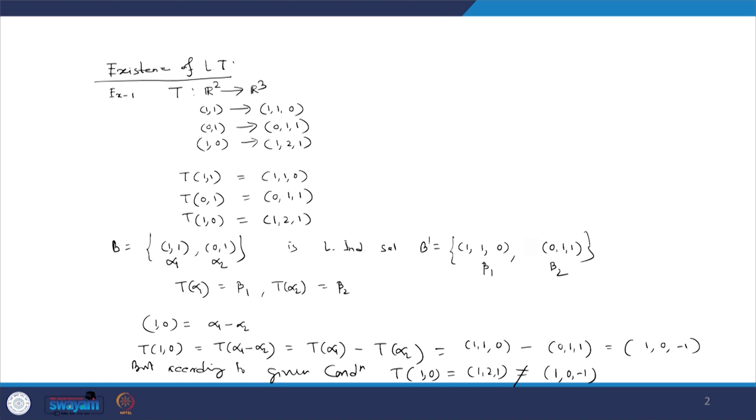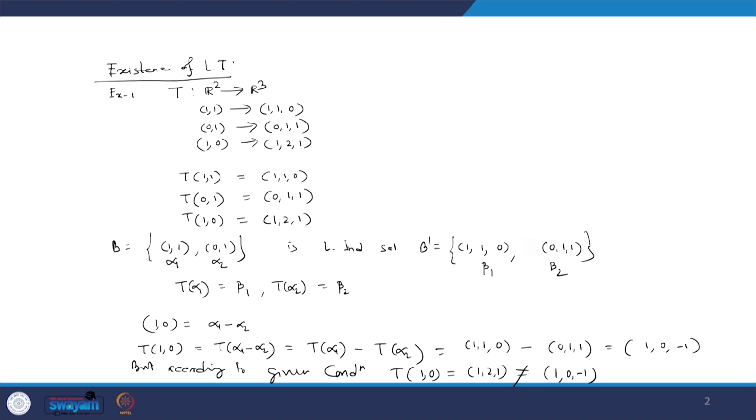Today I will discuss one term called the rank of T, the concept of rank. Last time I also discussed the concept of range space and null space of a linear transformation, and we have seen that the range space is a subspace of the corresponding codomain space, whereas the null space is a subspace of the domain space.